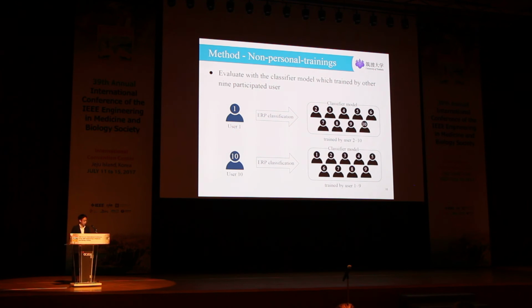In another example, user number 10's ERP signals are classified with a classifier model trained by users number 1 to 9. This means that we implemented leave-one-out cross validation between users. So a new user doesn't require the training experiment at all.